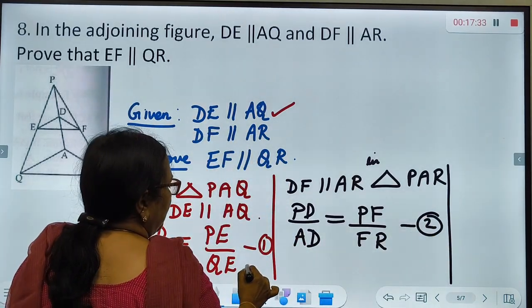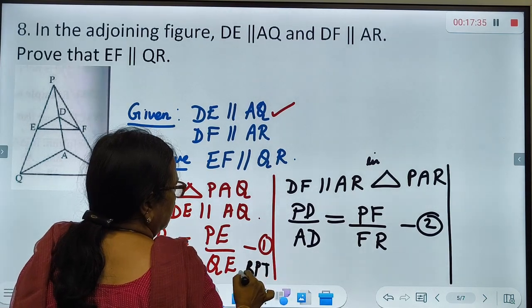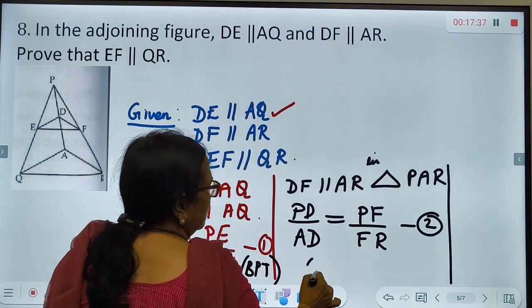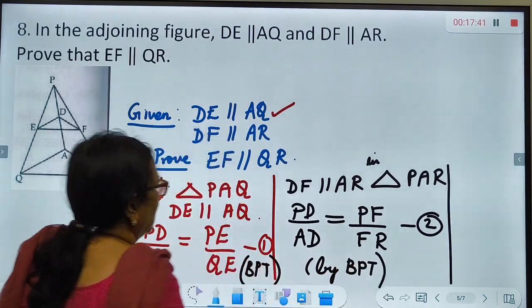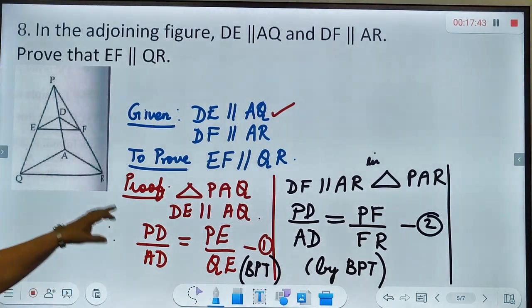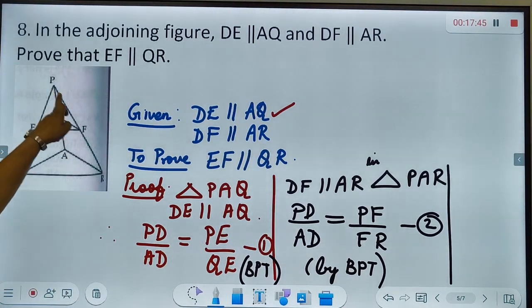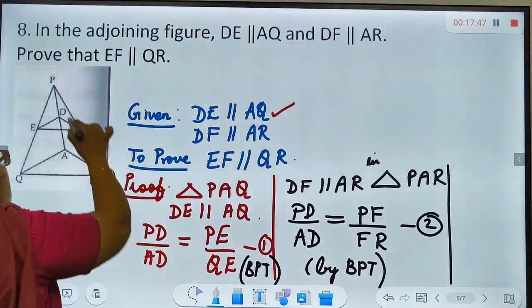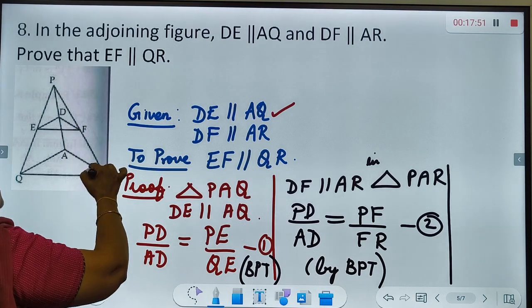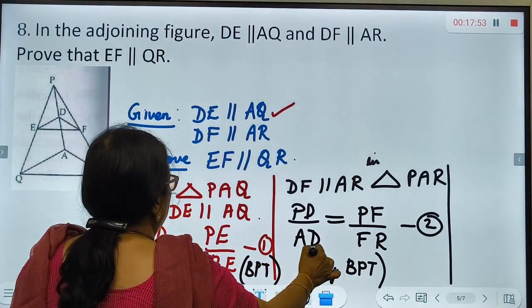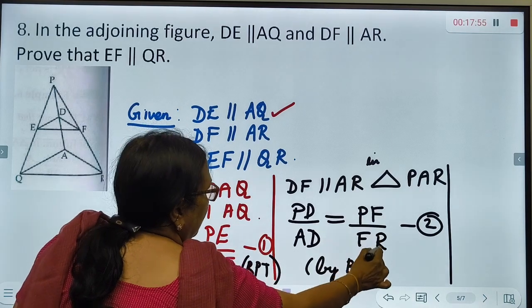This is all by BPT. So PD by AD in this small triangle gives you PE by QE. Using BPT in triangle PAR gives you PD by AD is equal to PF by FR.